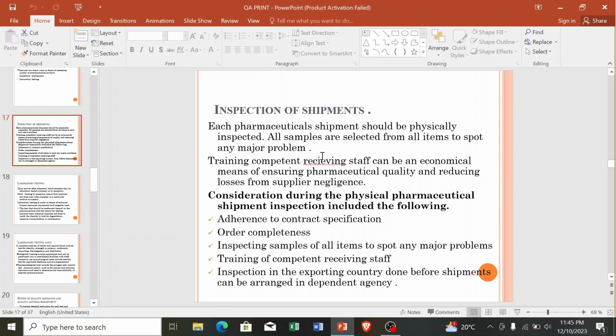For example, when you're receiving, you are going to inspect for any breakage, any leakage, and in the case of liquids, you are going to look at that, or you will also inspect for breakage.